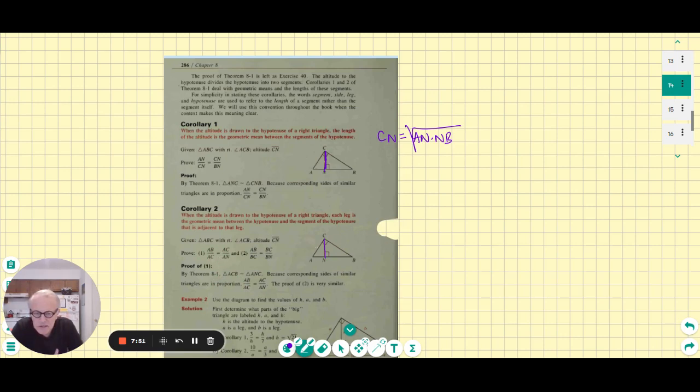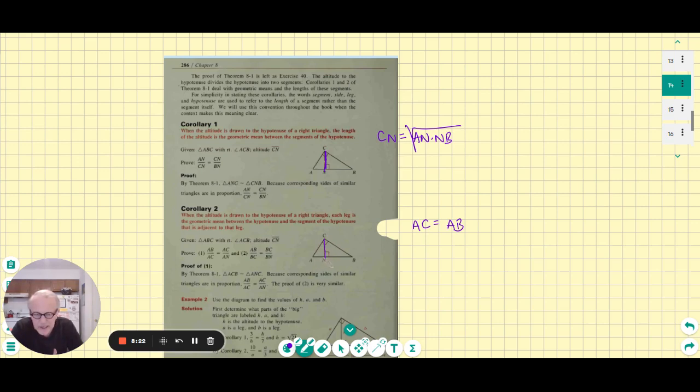Okay, so in this case, each leg, like this leg AC, is the geometric mean between the hypotenuse, which is AB, and the segment of the hypotenuse that is adjacent to that leg.